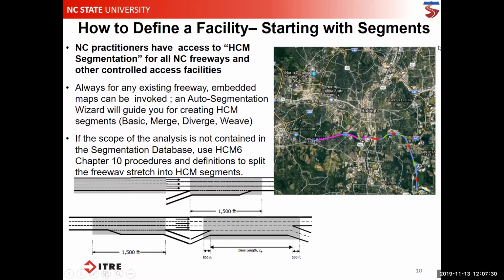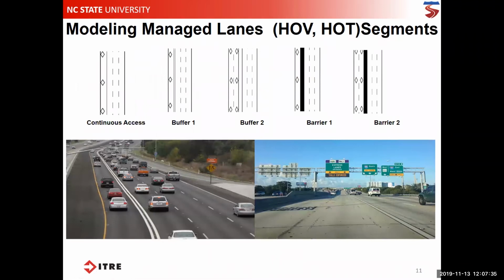segment the individual facilities. In general, we also include managed lanes, and essentially, of course, these are considered to be additional facilities, either for HOV facilities or HOT lanes where you may allow individual or single occupancy vehicles for a price.